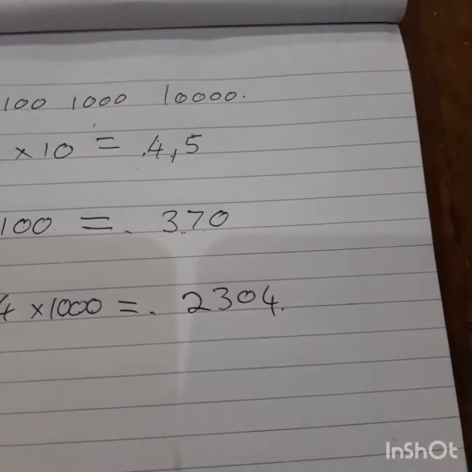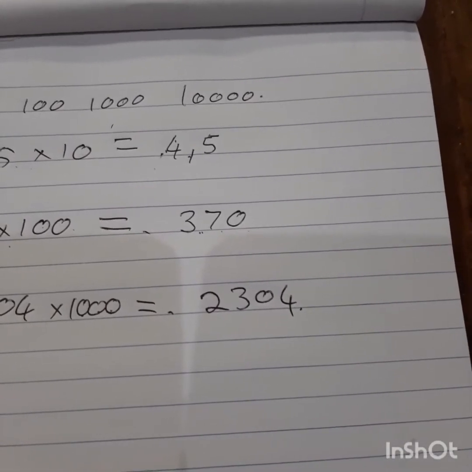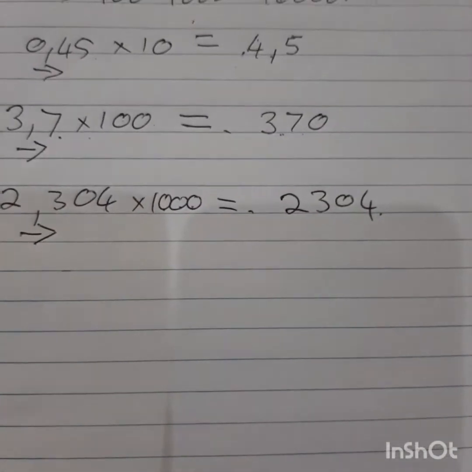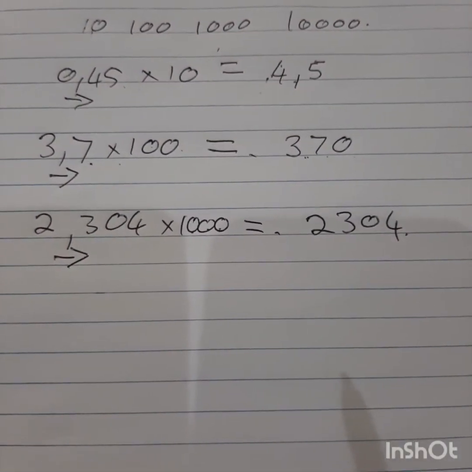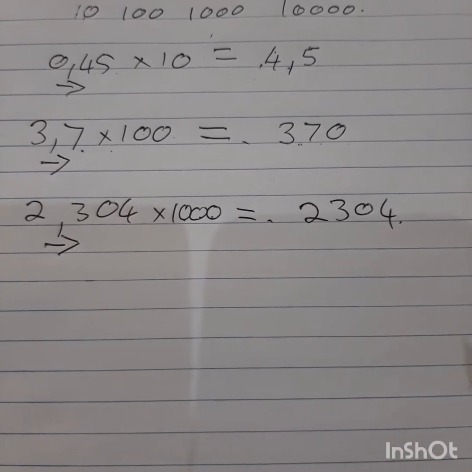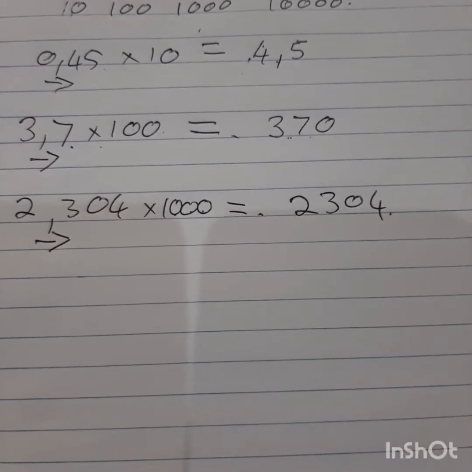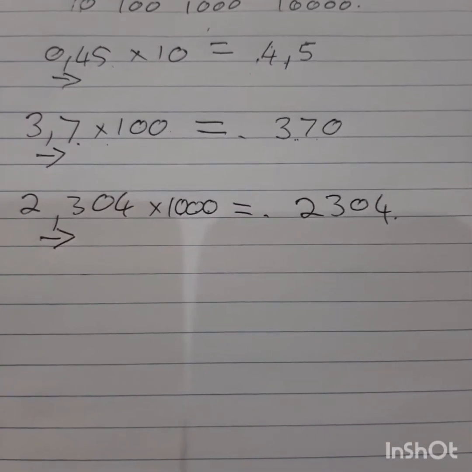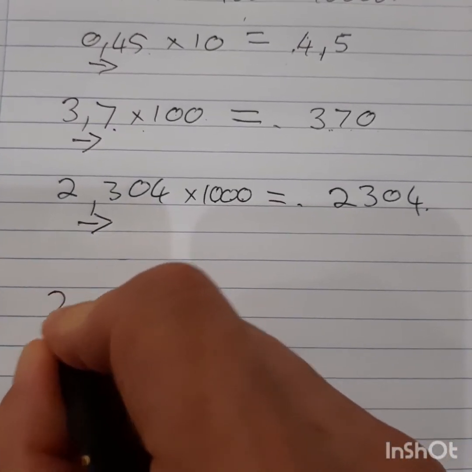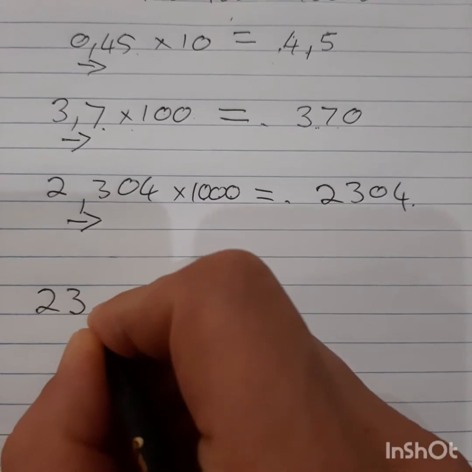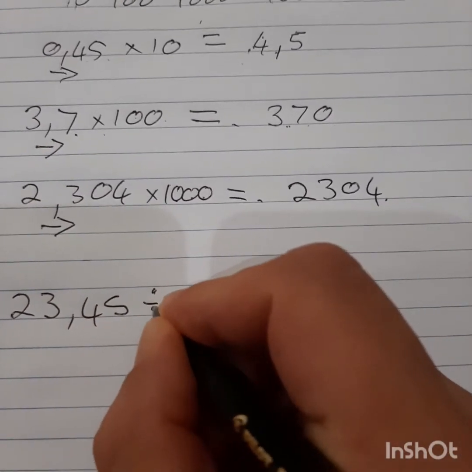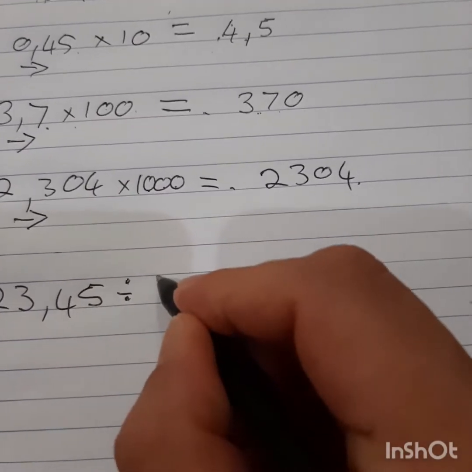Now let's move on and have a look at dividing. When we divide, we need to remember that now the comma is going to move in the opposite direction. It's going to move left. Let's have a look. Here's the sum. 23,45. We're dividing it by 10.